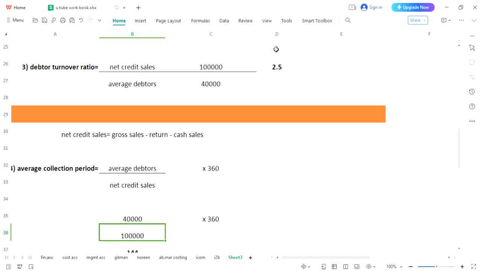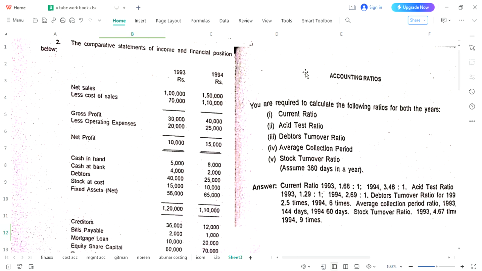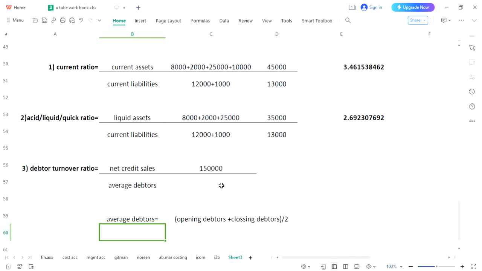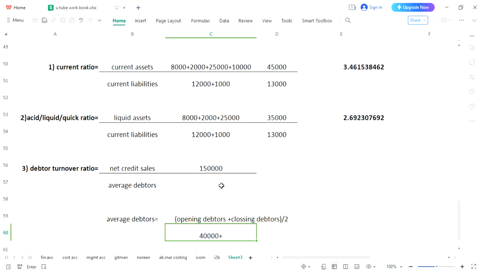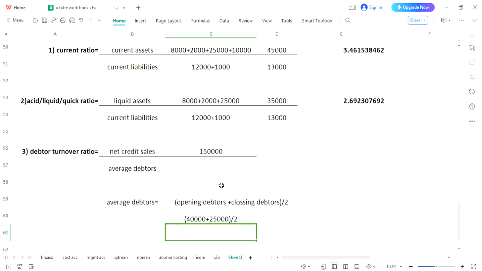Okay, since we are doing for second year, we have debtors at the opening 40, debtors at the closing 25. So we will calculate the average. 40,000 plus 25,000, and then you need to divide it by 2. With this you will be able to calculate your average debtors.